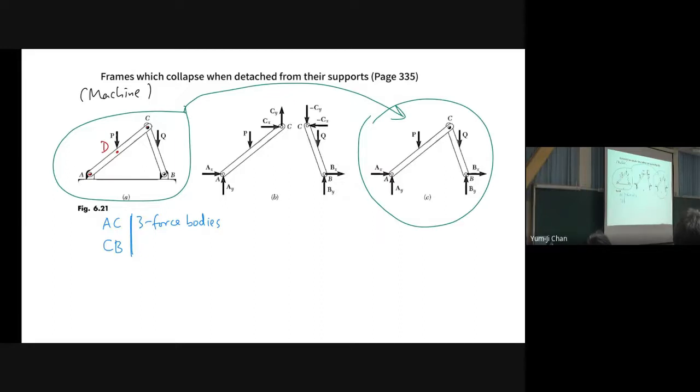Now the next thing: how many unknowns do we have in this diagram?